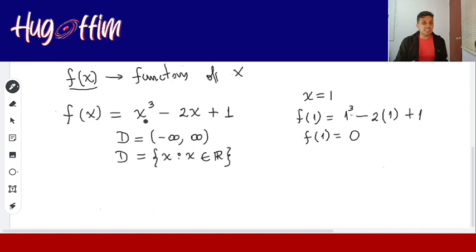Because if I raise this number to a power, it's going to give me a higher number, right? But if you use a negative number, it's going to give me a negative number. So if I use negative infinity, it's going to give me negative infinity. Negative 10 to the third power is going to give me negative 1000. If I use positive numbers, they're going to give me positive numbers.